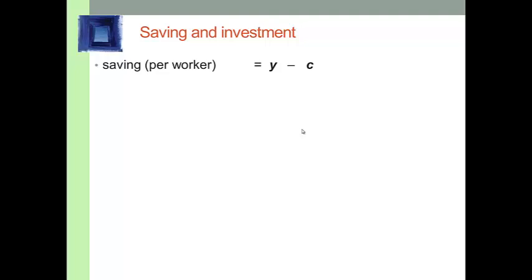Our saving per worker is equal to income minus consumption. Because the economy is closed, saving and investment are the same.